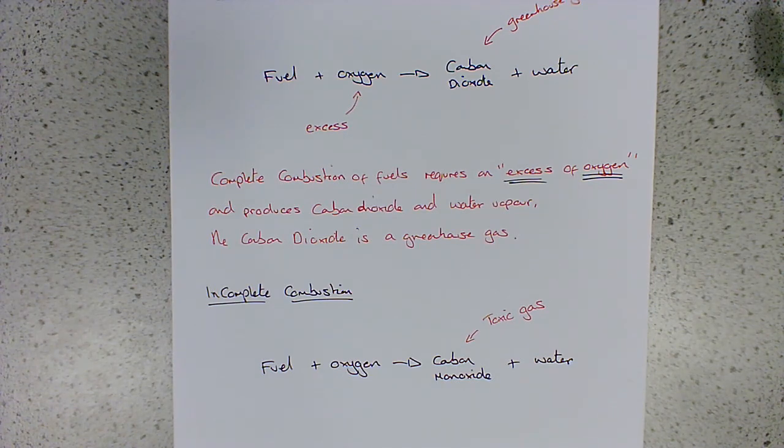Anybody who has a gas fire in their living room will probably have a carbon monoxide detector as well as a smoke alarm. Anybody who has a gas boiler that's in a bedroom perhaps, rather than maybe an airing cupboard or the garage, if you have a gas boiler that's in a room that people live in, then that will also probably have a carbon monoxide detector, just in case something got blocked and not enough oxygen was able to get into your boiler.